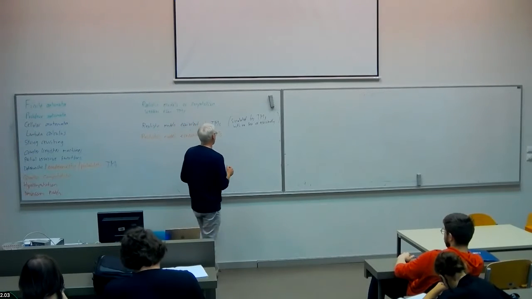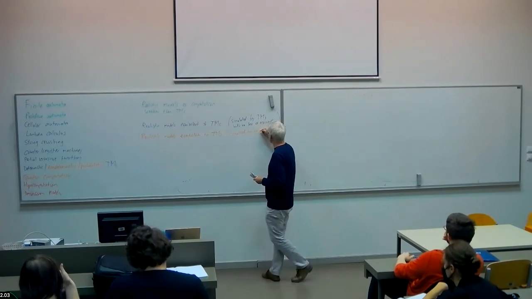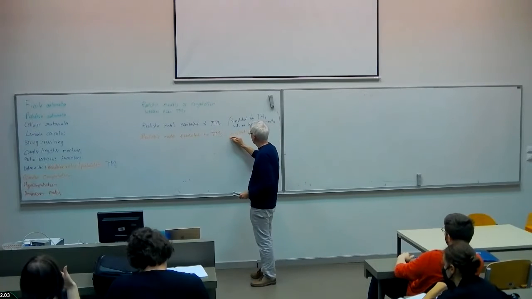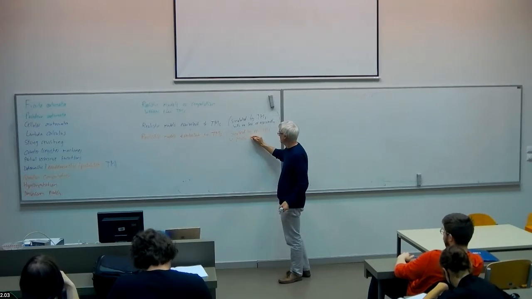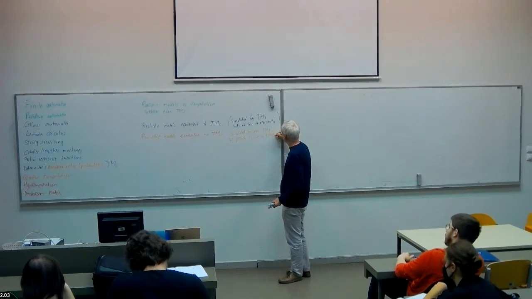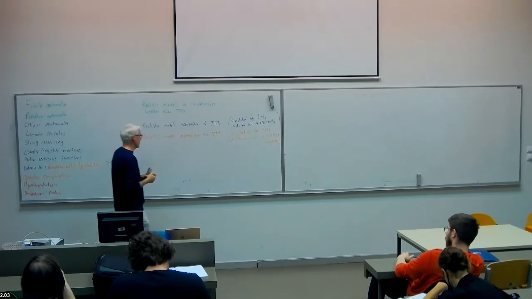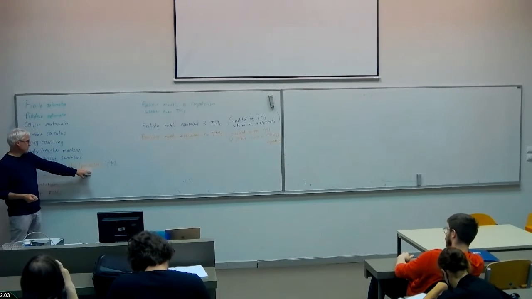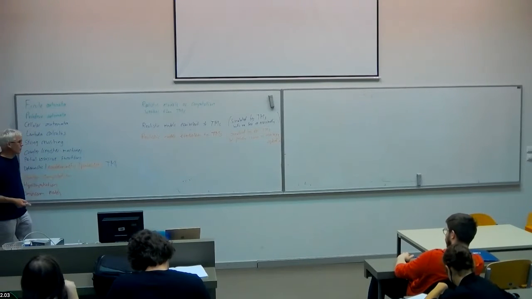But anyway, the point of the orange color code is these can be simulated by deterministic TMs, but possibly there's a change of efficiency involved. There might be a loss of efficiency. So in probabilistic computation, we believe there is no loss of efficiency, but we can't prove it. In the other cases, we believe there is, but we also can't prove that.